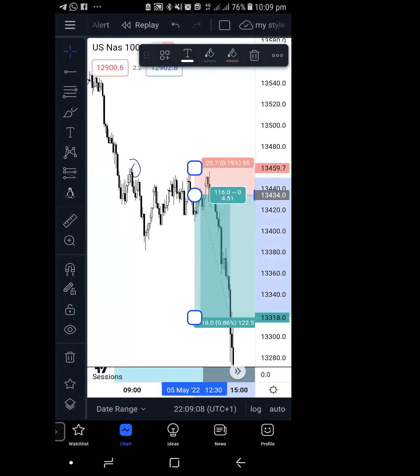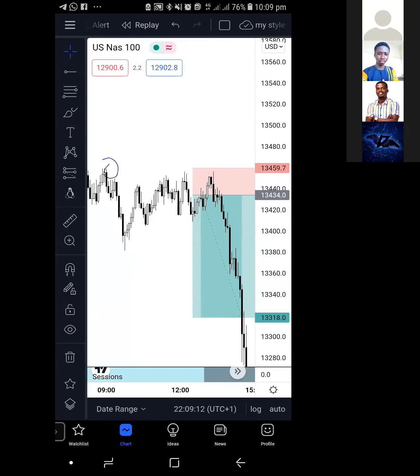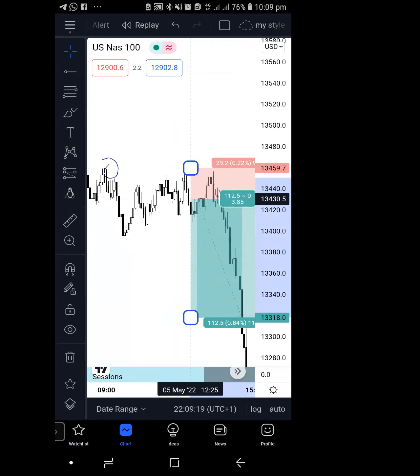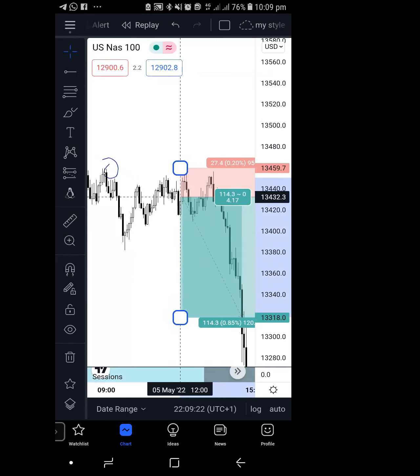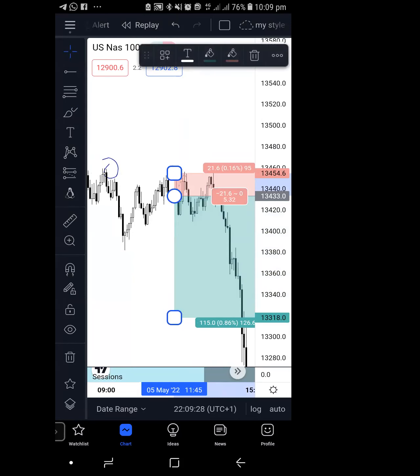Do you understand? If you had placed your limits here, as Tolu and I were talking about, people that saw this previous break of structure and had their stop loss here would have lost the trade and just given up.